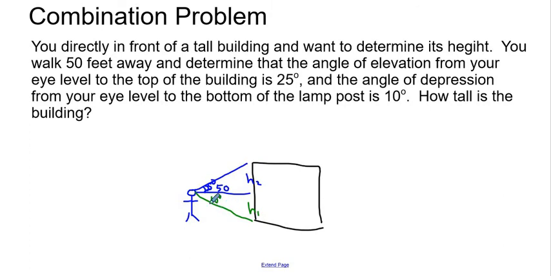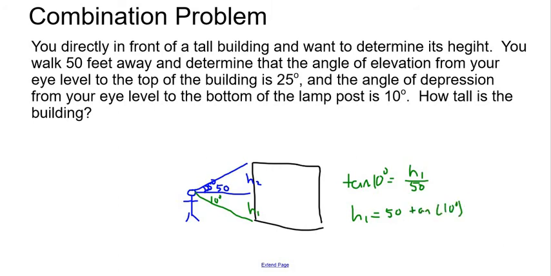And again, notice we're using tangent because the line of sight, the hypotenuse, we don't know what it is. So to do this one, we would do opposite over adjacent. So tangent of 10 degrees is equal to the first height divided by 50. So the first height is equal to 50 tan 10 degrees.